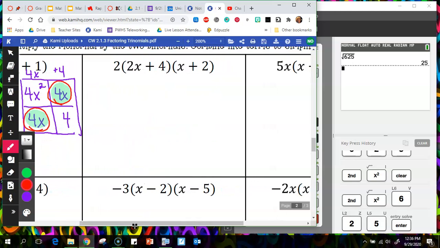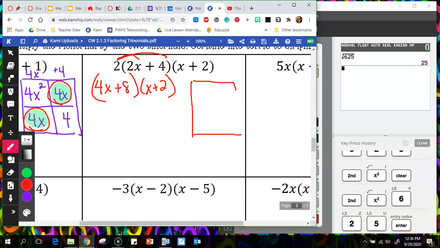Okay, let's do another one. Distribute my 2 in, that is 4x plus 8 times x plus 2. Now, if you can do FOIL and you don't have to do box method, that's great. If not, then just do box method. It's easy, it's fast. 4x plus 8, and this is x plus 2.